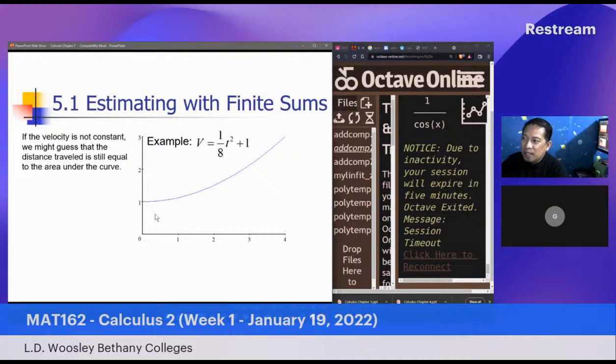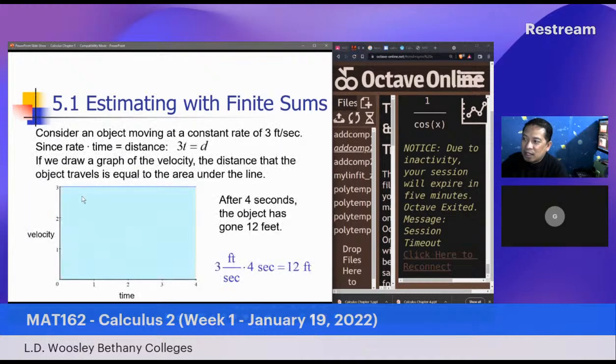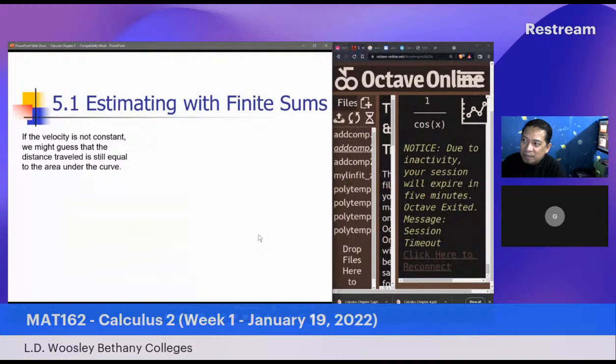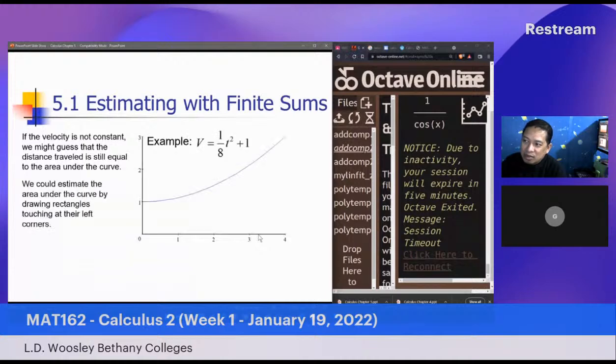So from here, walang problema kasi kitang-kita yung sukat ng area, no? Tama? So 3 times 4 lang yan, 12 feet. Yun yung distance. Walang problema pag constant velocity. Ang nagiging problema kapag naging second degree equation na siya. So diyan mas nagiging komplikado.